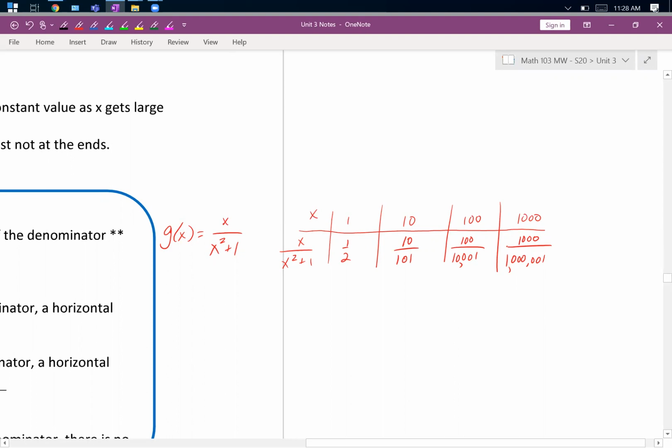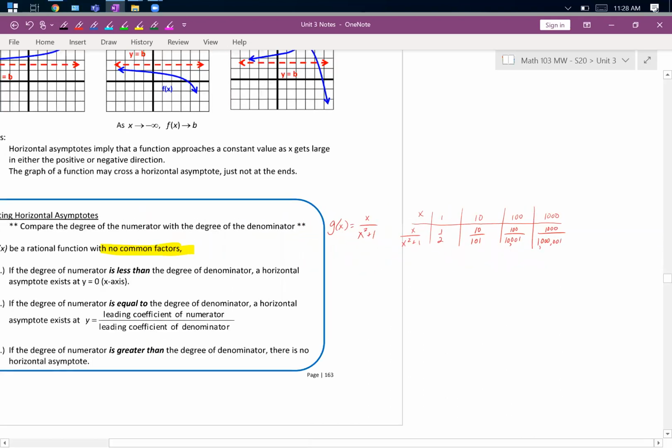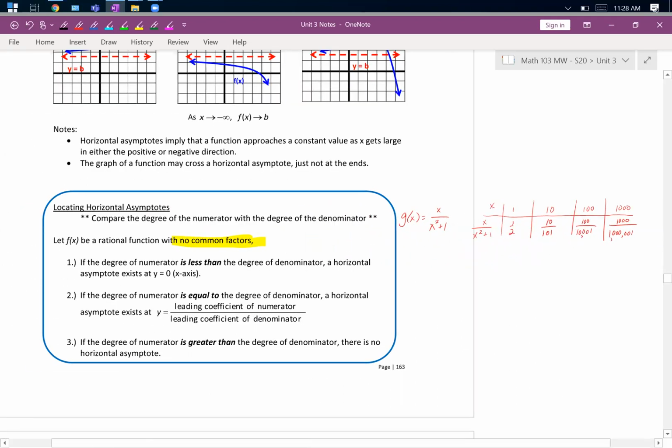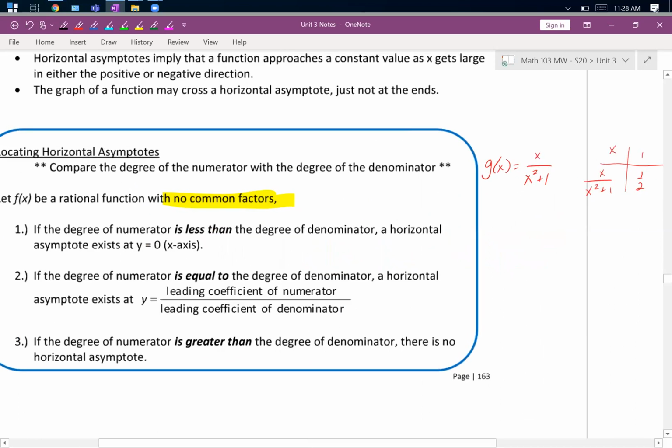If the degree of the numerator is less, that means the degree of the denominator is more, and the denominator is what we're dividing by. So if we're dividing by a number that is increasingly larger compared to the numerator, of course the value is going to get smaller because we're dividing by this big number. So that's what happens when the degree of the numerator is less than the degree of the denominator. Horizontal asymptote at y equals 0.